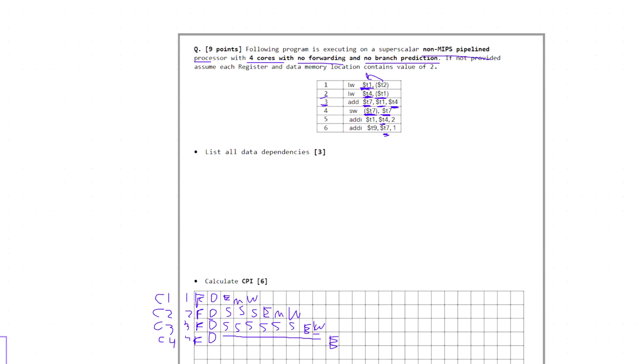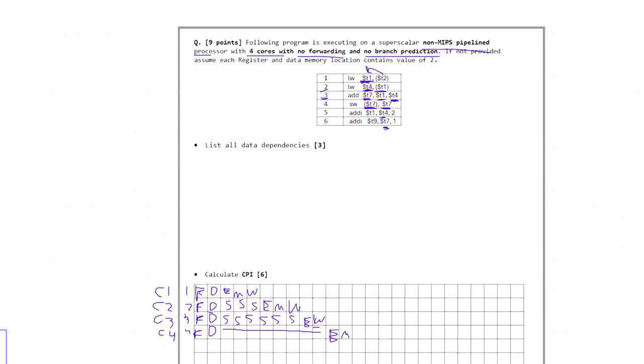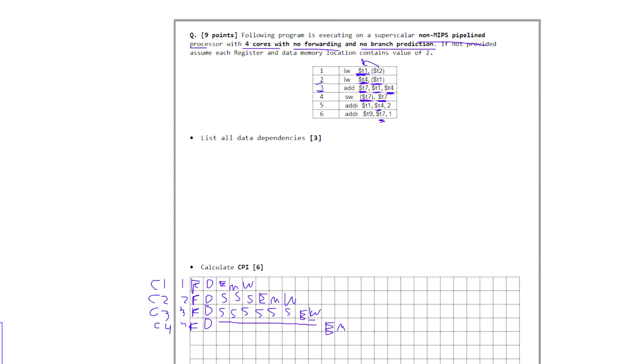So we're just going to do exec, mem, no write back. No MIPS, no 5 stages needed. At this point, these 4 instructions were all finished, and this was done in 12 cycles. This is cycle 12.